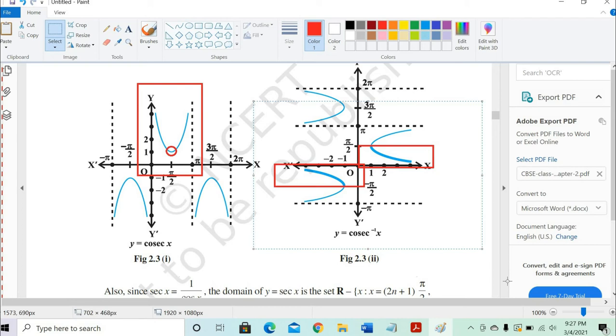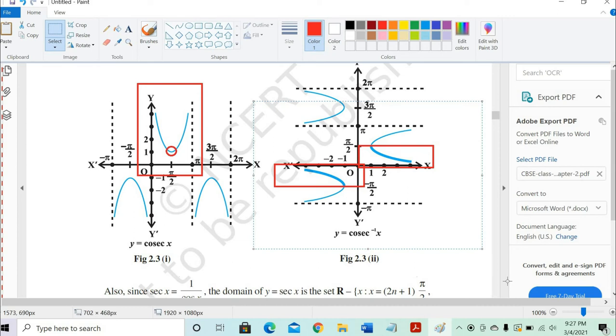Correct? Yeah. And then as you go from pi by 2 to pi, the value is getting repeated, no? Because on the x-axis, again it will be from 1 to infinity only. When you go from pi by 2 to pi, again the real value will go from 1 to infinity. So meaning is, between 0 to pi, there are two angles on which you get the one real number.